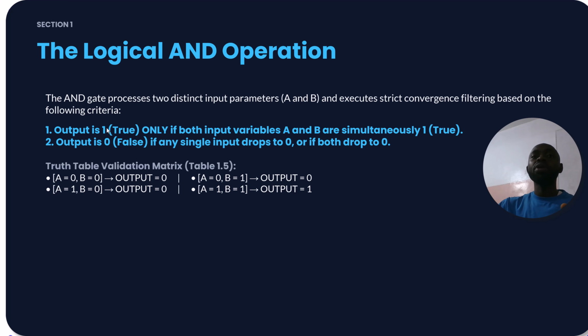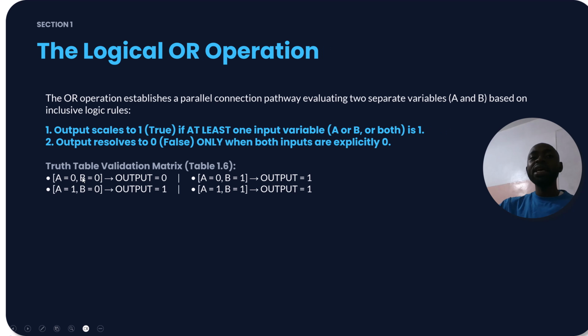And so if you have two inputs, for instance, if you have A which is 0 and B which is 0, the output will be 0. So there's a rule. The rule states that the output scales to 1 if at least one input variable is 1 or both.